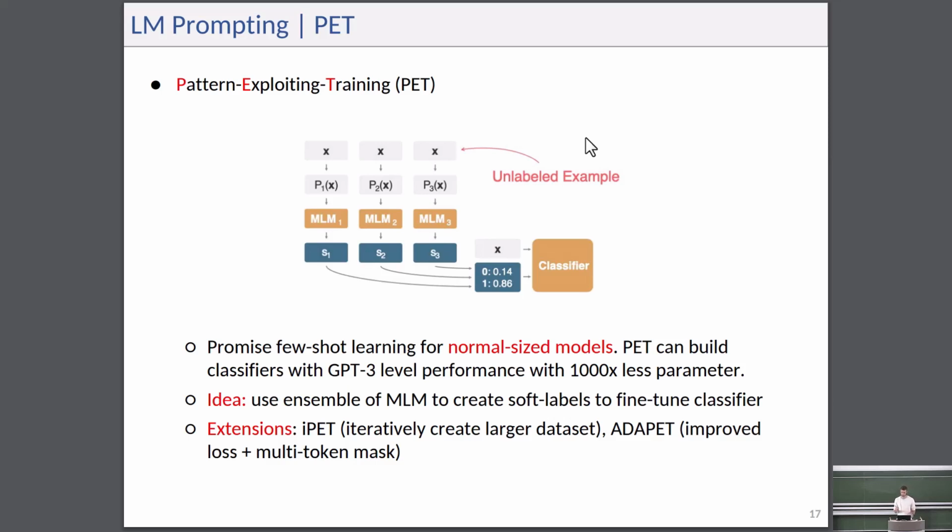Usually masked language models are pretty good at this. And you just let it predict, and then you take the soft labels, and whenever I say soft labels, I mean you take the probabilities of the output and not just the argmax. And then you use the soft labels, you average them, and then you give them to a small classifier that is trained with the soft labels and also the same input.